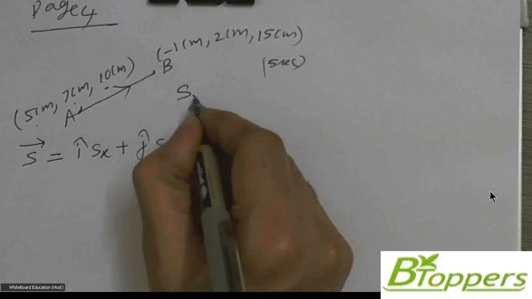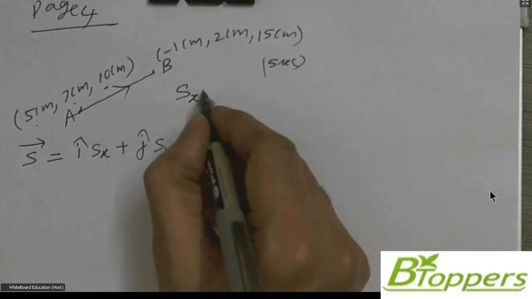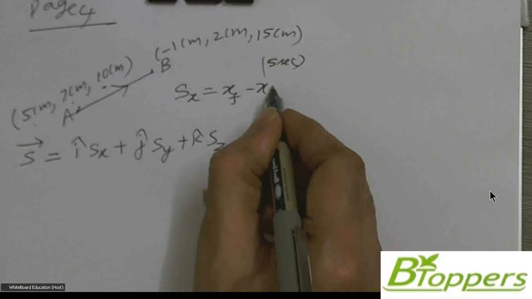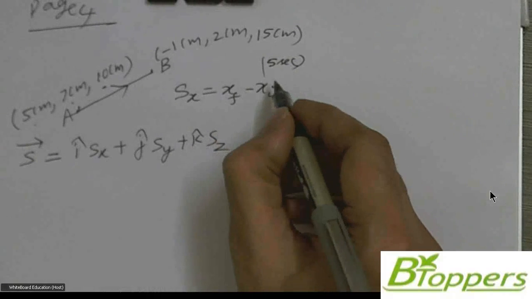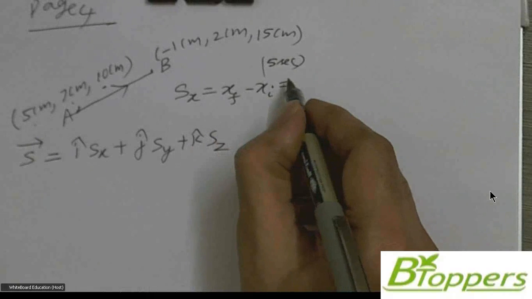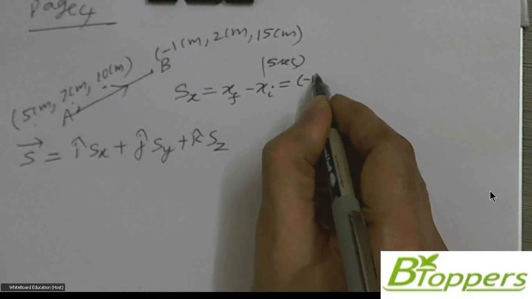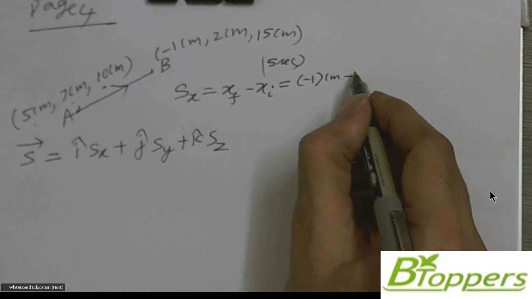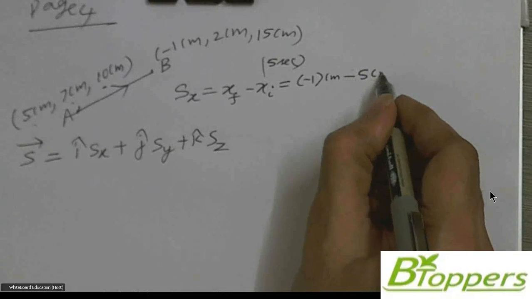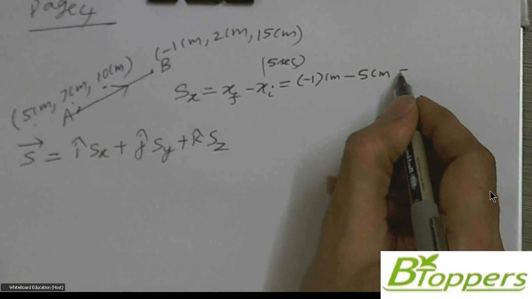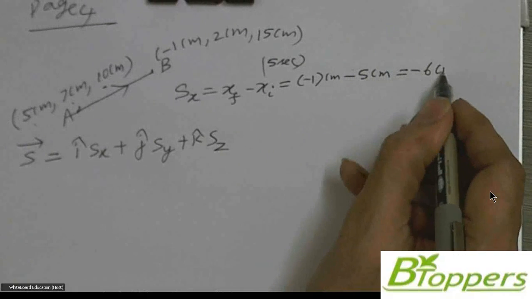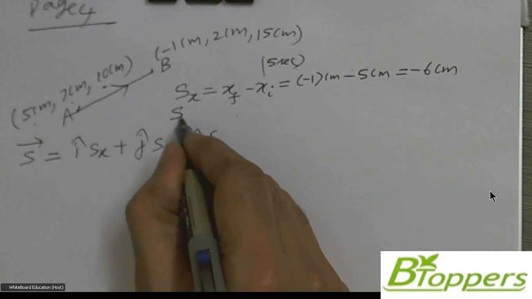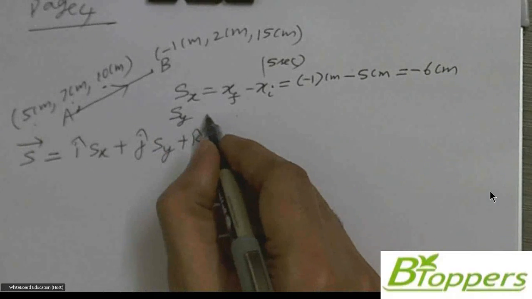So the x component of the displacement of the particle, denoted by Sx, is equal to the x coordinate in the final position minus the x coordinate in the initial position. Here the x coordinate in the final position is -1 cm, and in the initial position is 5 cm. So this comes out to be -6 cm.